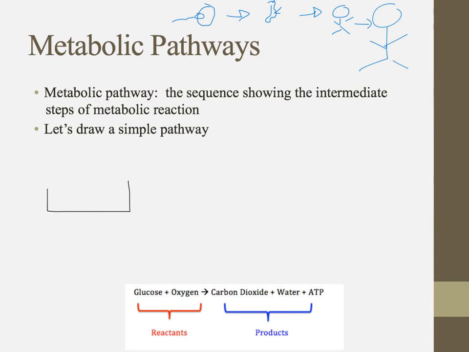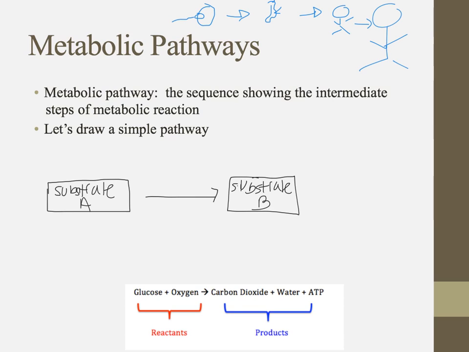So let's say we start with substrate A. I'm just going to letter them. You could have numbered them. It doesn't matter. Okay. Substrate A is going to magically turn into substrate B. Sorry, my dog is going nuts out there.